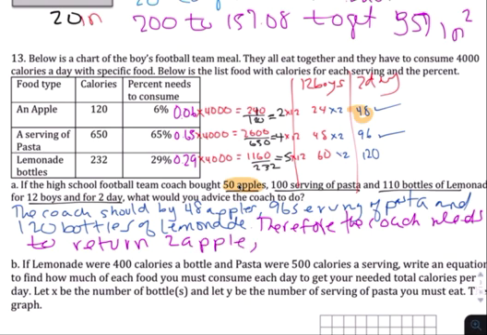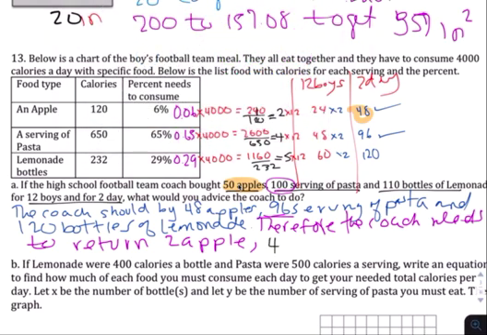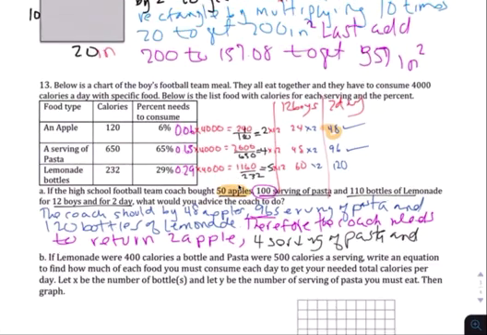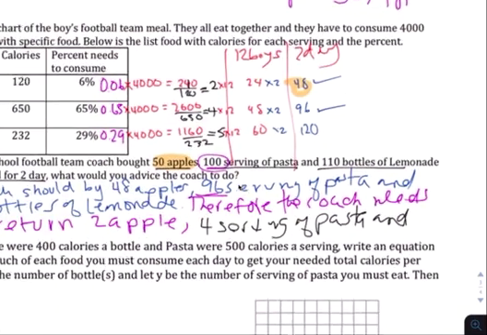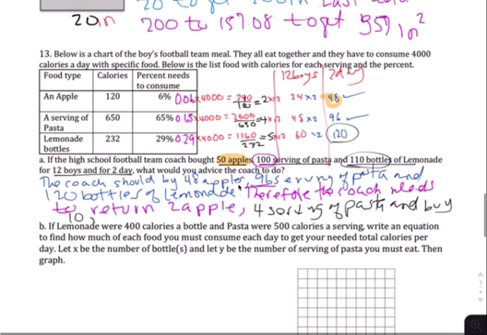How about the pasta? 4 servings of pasta, he bought 100, and they only need 96. Oh, he's short on lemonade. He needs 120, so buy 10 more bottles of lemonade.